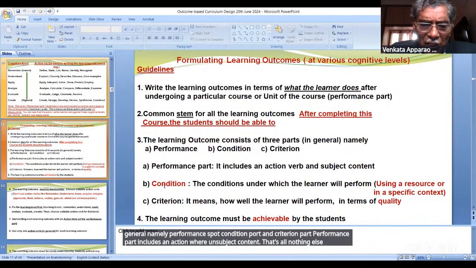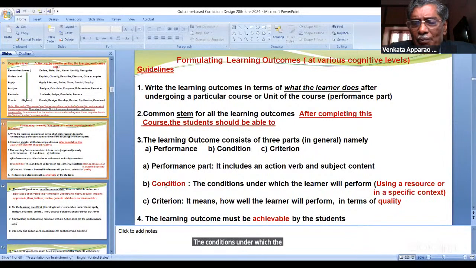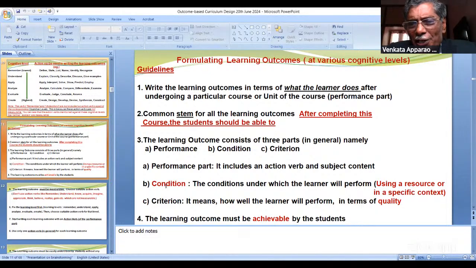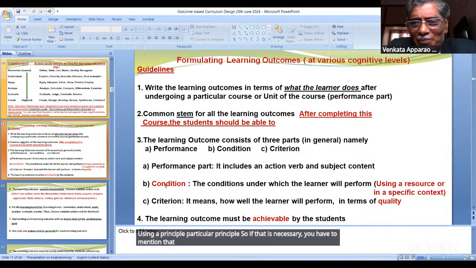Whereas the condition part is the conditions under which the learner will perform using a resource, a database, a software, literature, or a particular principle. If that is necessary, you have to mention that. That is the condition part.